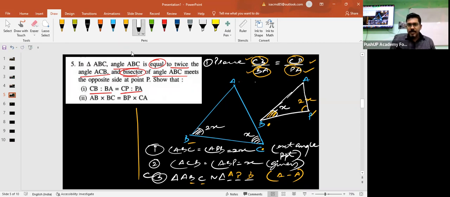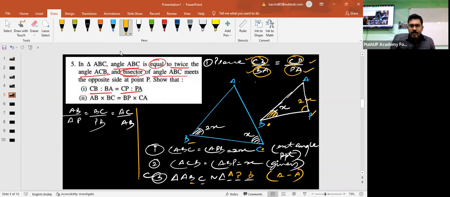Just a minute. I have written AB upon AP is equal to BC upon PB is equal to AC upon AB. This is what we have written. Now we have to show CB upon BA is equal to CP upon PA. CP upon PA is not here either. Okay.